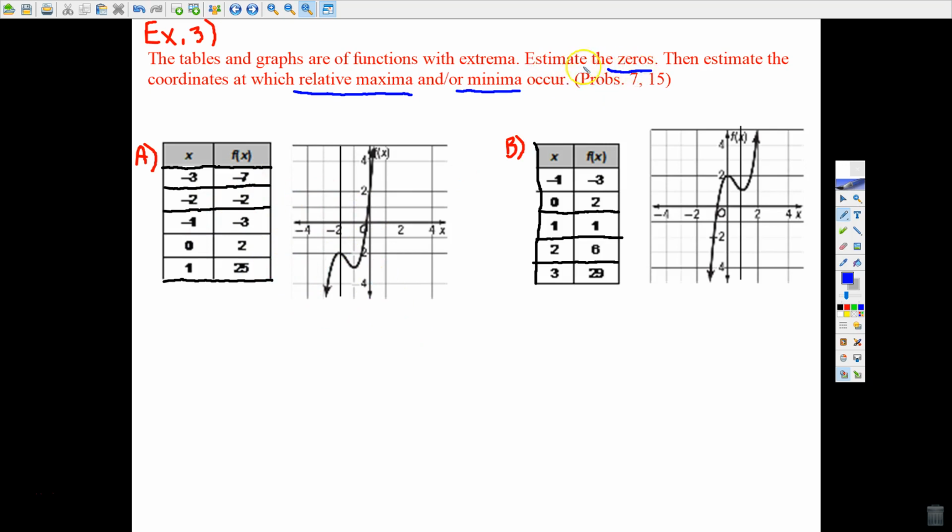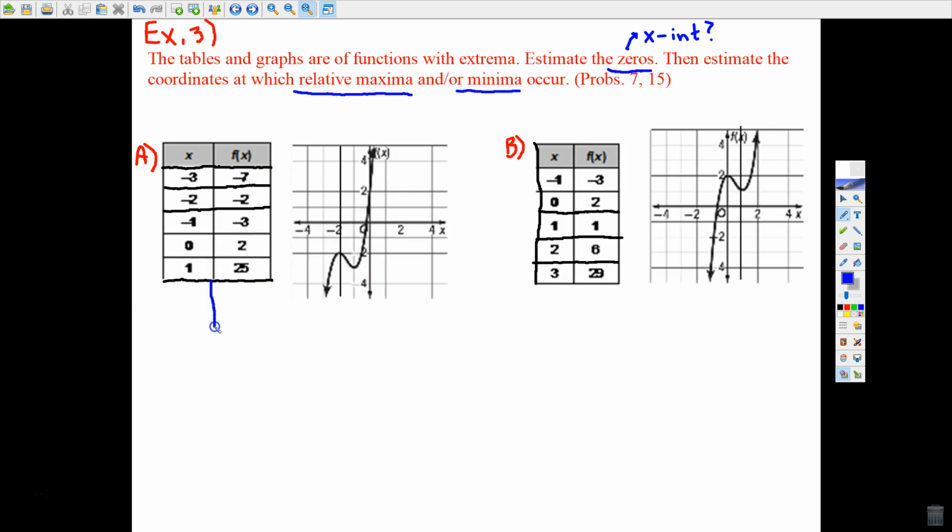Let's first estimate the zeros. Another way of saying that is, can you tell, just estimating, where the x-intercept is? Since it's an estimate, I don't have to know exactly. I'm going to tell by the graph. I'm not told exactly in the table.